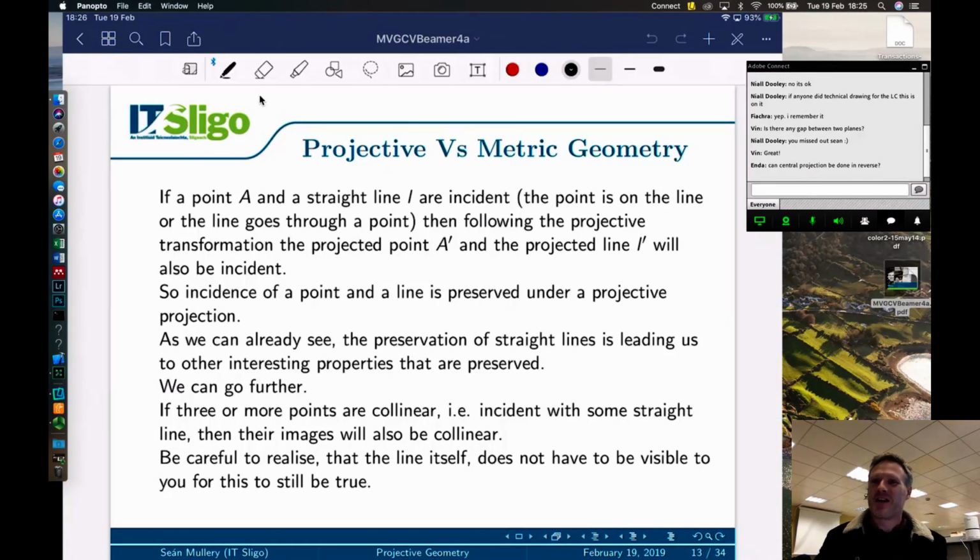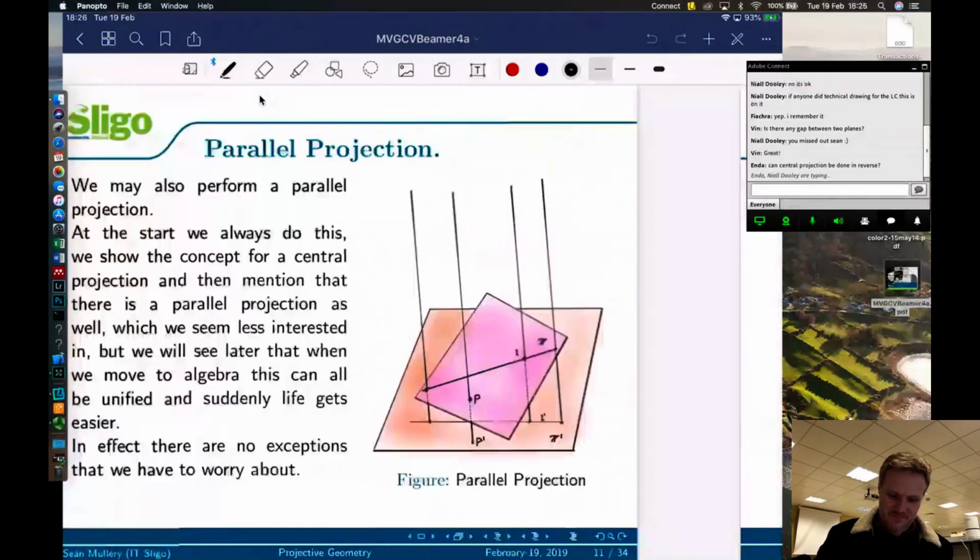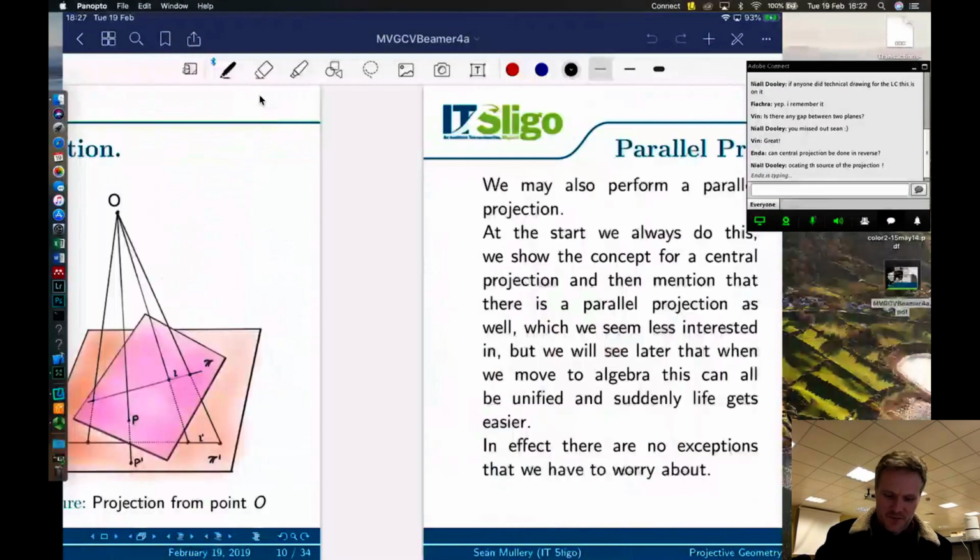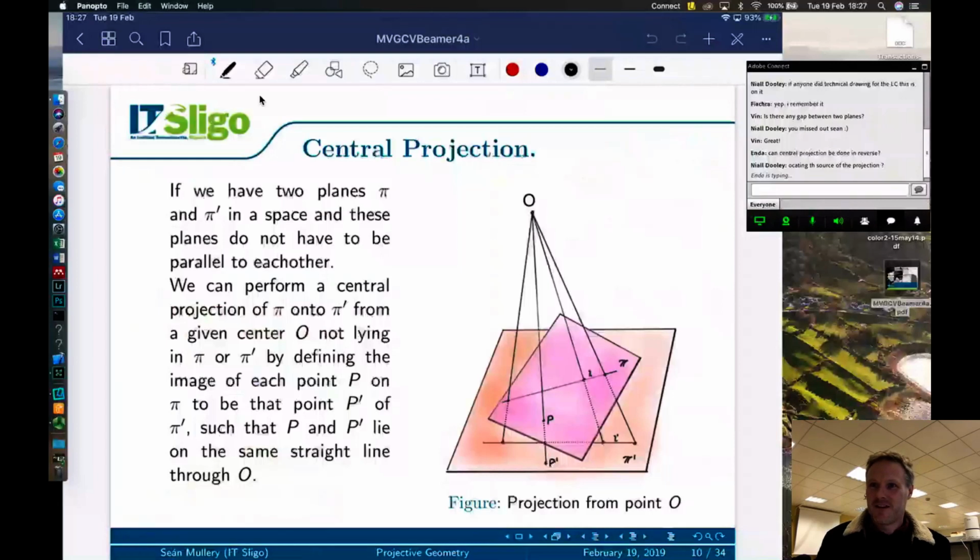Now this is an interesting question, and it's asking, can central projection be done in reverse? I'm not entirely certain what you mean by that, Enda. Can you work your way back? So if we take this one, I'm assuming what you mean is, can that line go back to that central point?